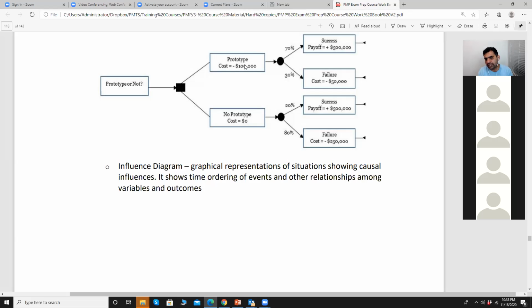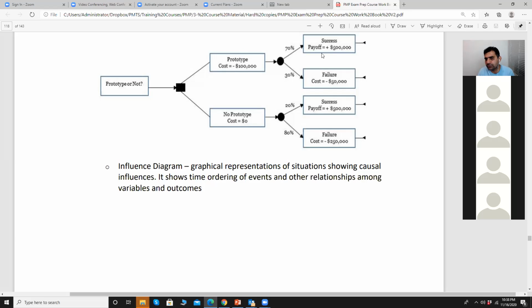If you develop a prototype, the chances of success is 70%. Chances of your product success because you developed a prototype. And payoff would be around $500,000. And chances of failure is 30%. And the failure cost is around 50,000.